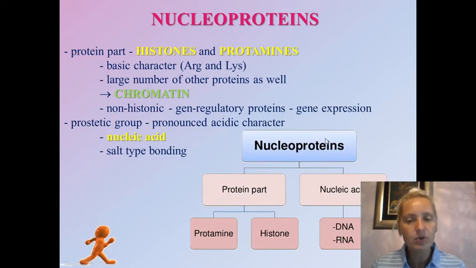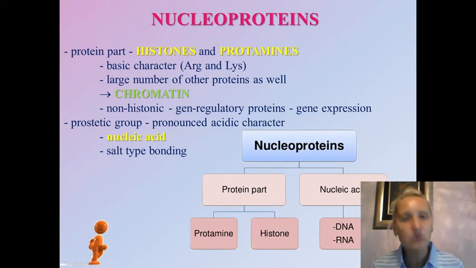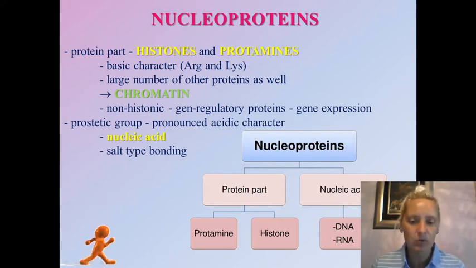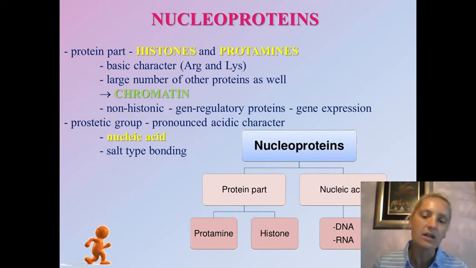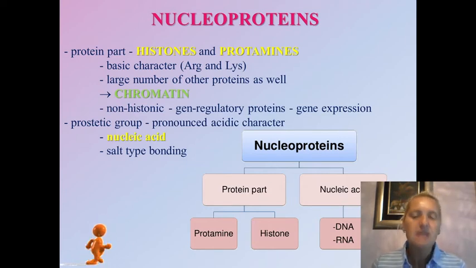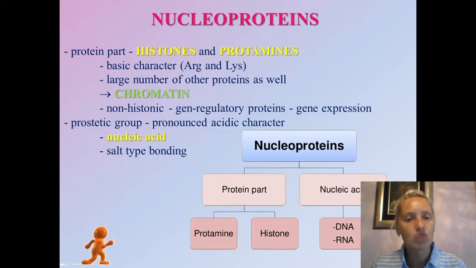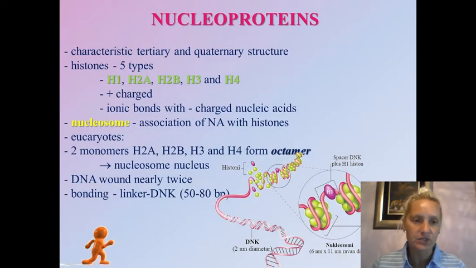Nucleoproteins are complex proteins containing the protein part of the molecule and nucleic acid as the prosthetic group. The protein part predominantly consists of protamines and histones, and the nucleic acid prosthetic group can be either a DNA or RNA molecule. So let's explain the structure of one nucleoprotein.